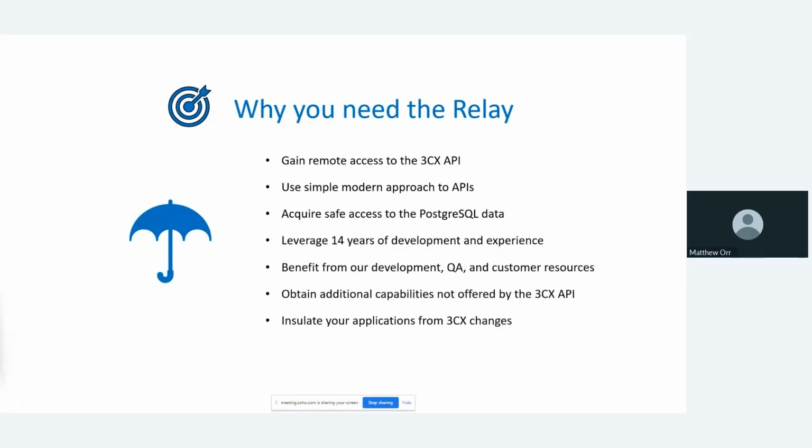So we encourage you to not turn on automatic updates on your 3CX server so that we have an opportunity to do some testing whenever 3CX releases a new version.